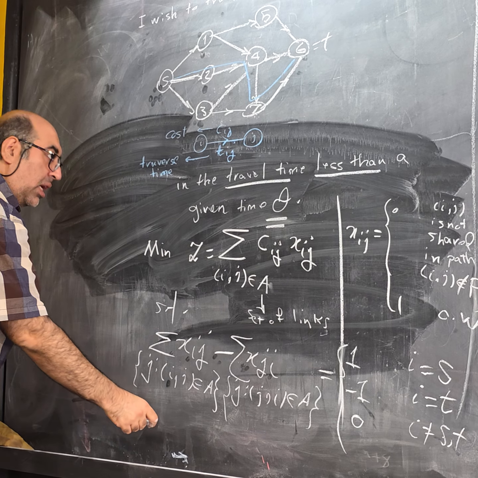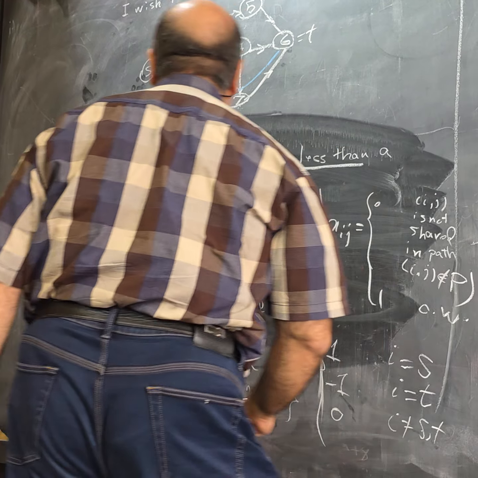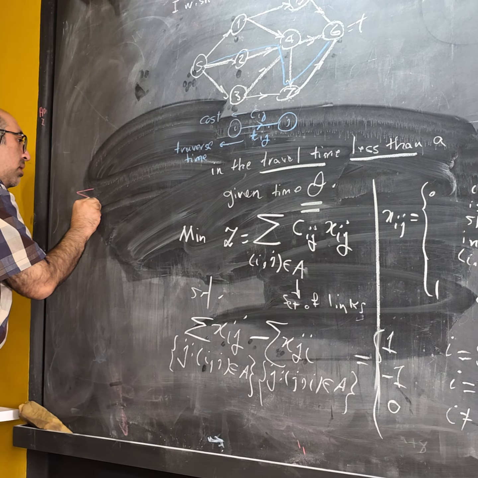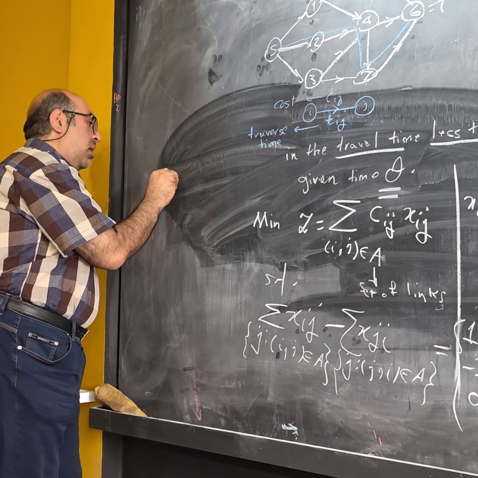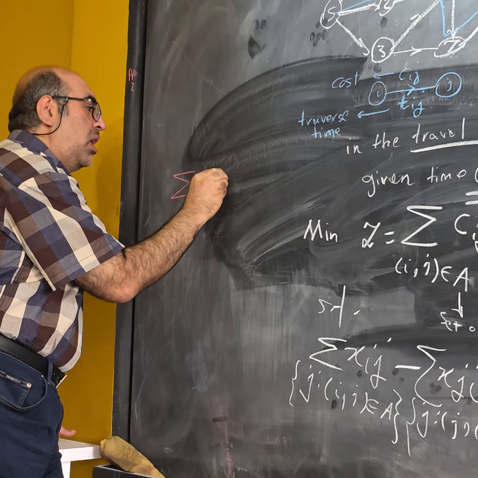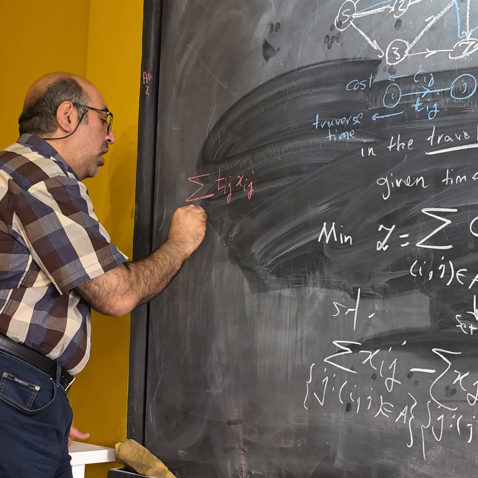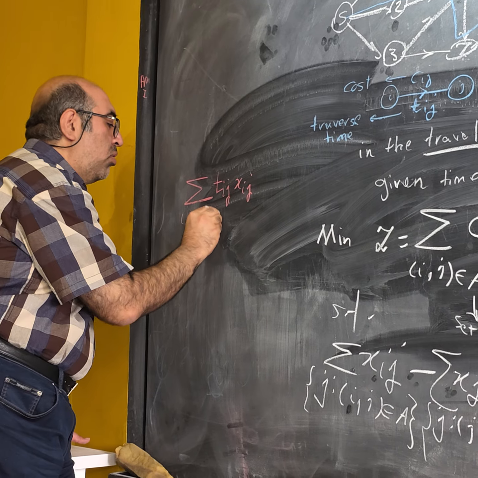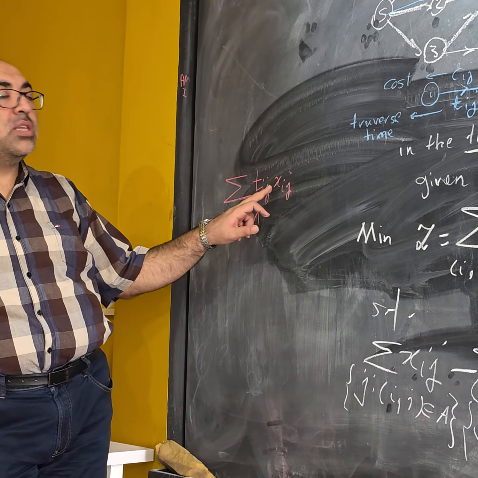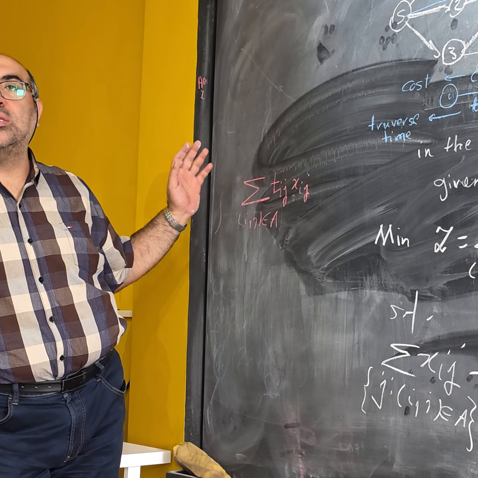To implement this constraint, I write another summation, multiply Tij in Xij for all of the ij belonging to A. If you don't choose Xij, it is 0, and the summation doesn't change.